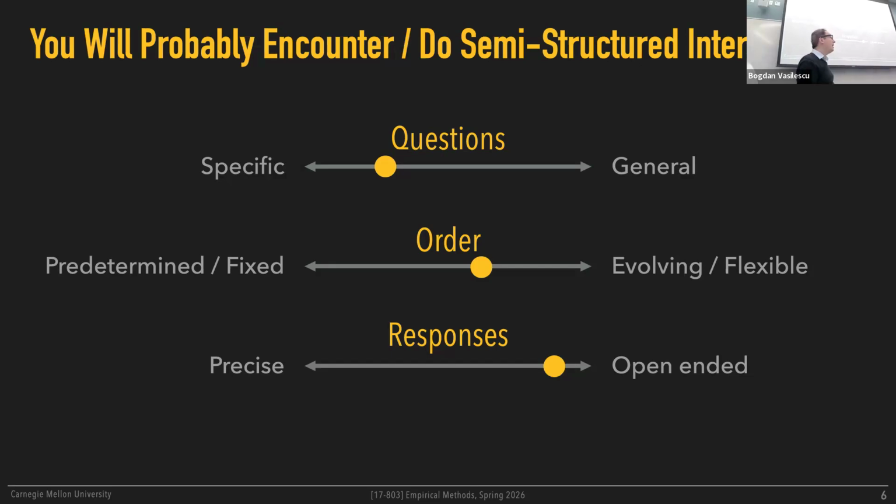You probably will have a lot of flexibility in how you ask them, meaning you won't go through your script top to bottom and check everything off a list, but rather you will adapt to what your interviewees are telling you, and the order in which you're asking questions, even during an interview, will change and so forth. And you will probably try to get very open-ended answers to the questions you're asking.